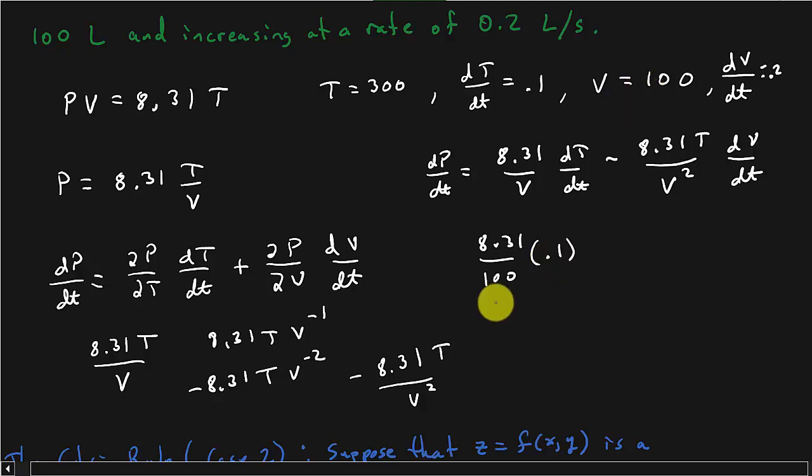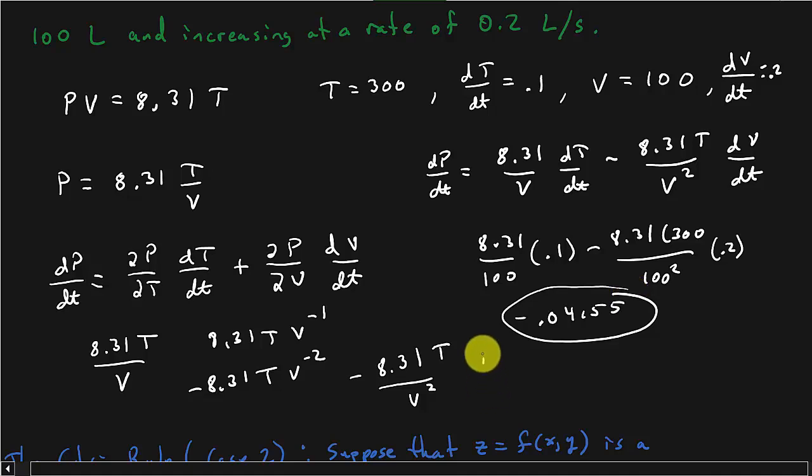I'm just plugging the 100 in for V, the 0.1 in for dV over dt, minus 8.31 times 300 over 100 squared times 0.2. And then when you punch all that into your calculator, you get negative 0.04155.